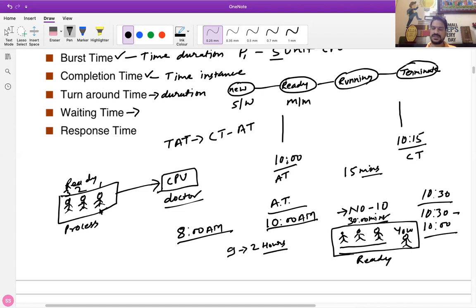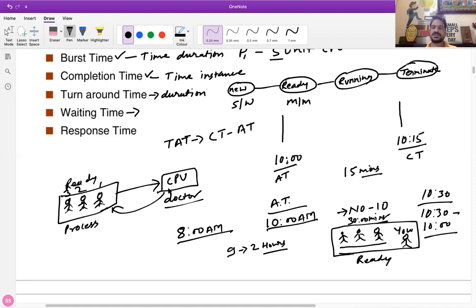She or he will test it and give the result. During that duration, you will wait. Once your report is ready, you will be called again. So the process that went to the CPU again has to come into the ready state and wait again. The same scenario happens to the CPU.